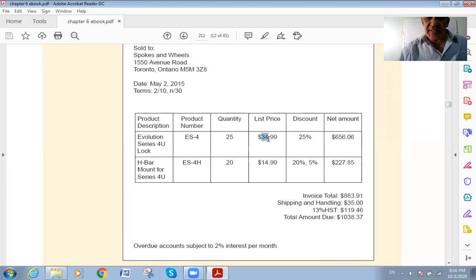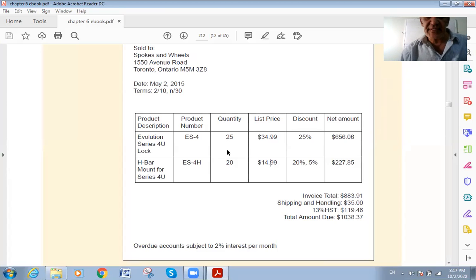The 34.99, 25. So I will multiply 25 by 34.99. It means that the quantity is 25 units, and the unit price is 34.99.